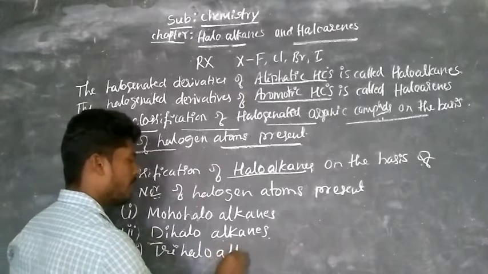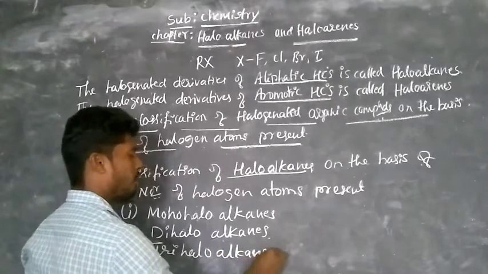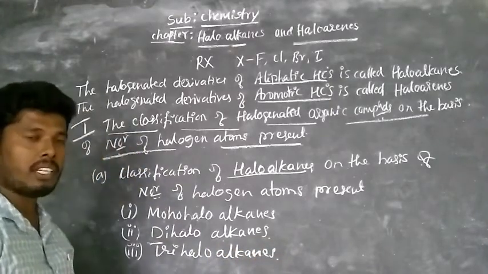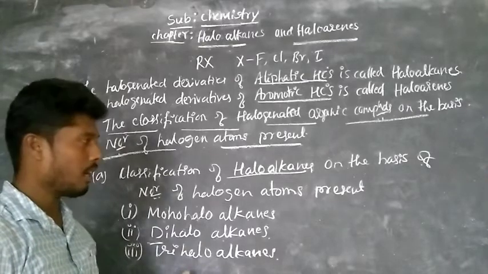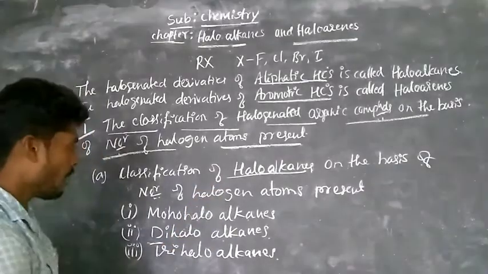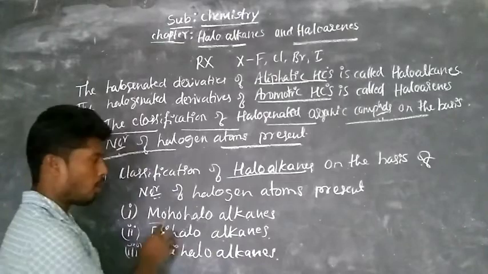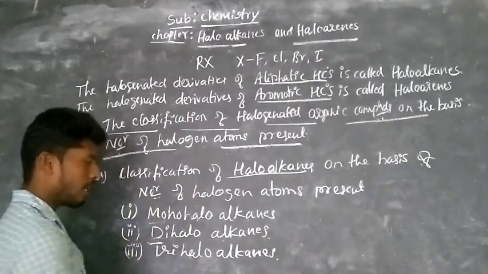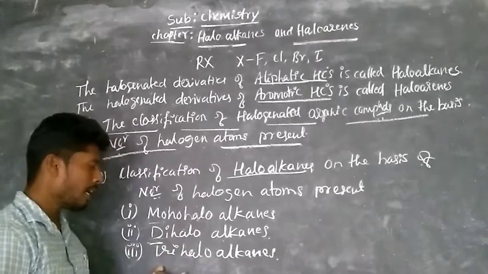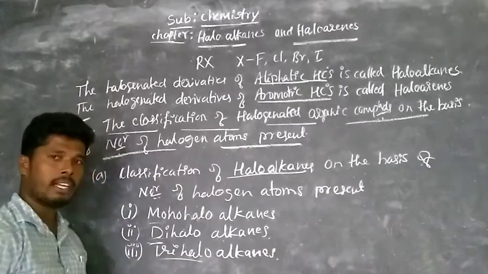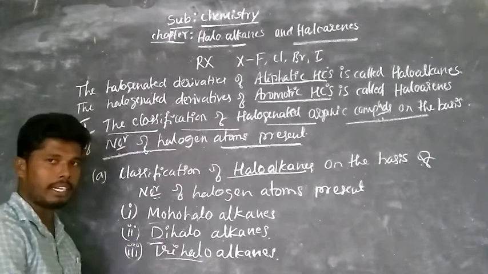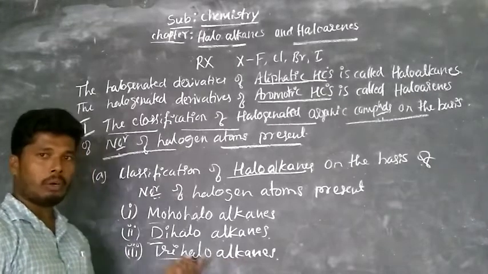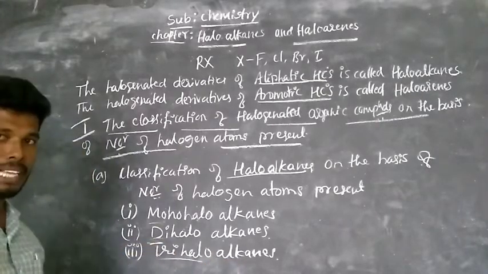So here the word itself says the number of halogen atoms present in the given aliphatic halogenated compound. Monohaloalkanes means there is only one halogen atom. Dihaloalkanes means two halogen atoms. Trihaloalkanes means there are three halogen atoms in an alkane. Now we have to study the classification one by one in detail.